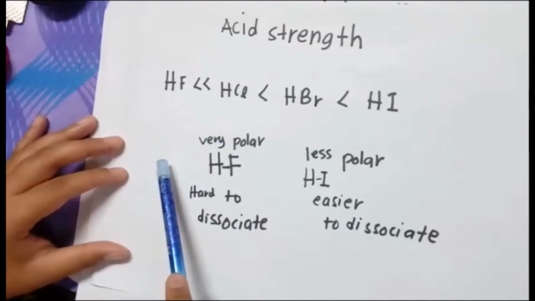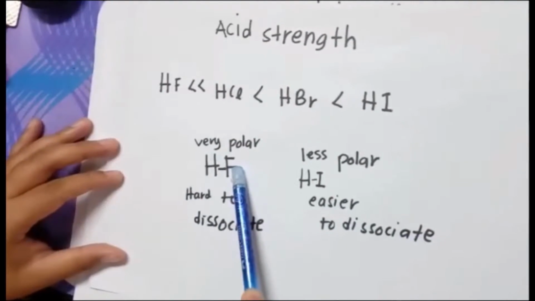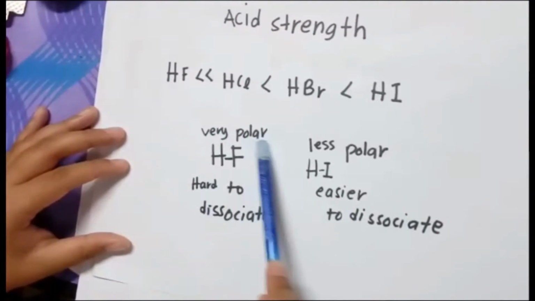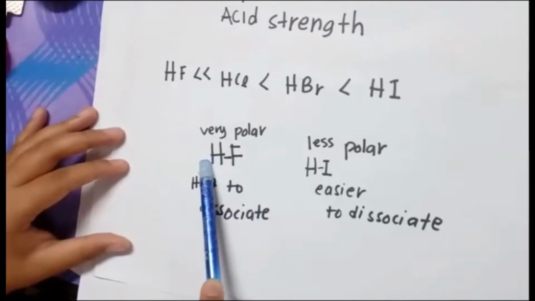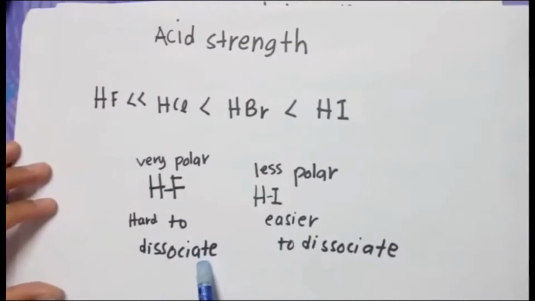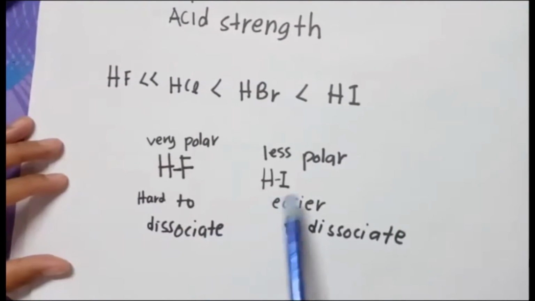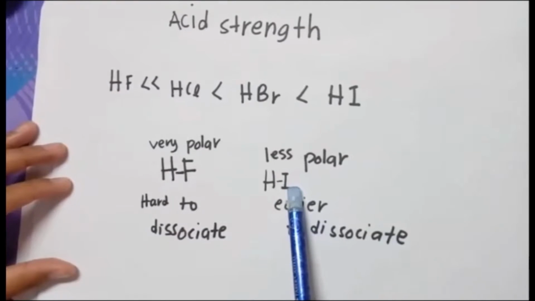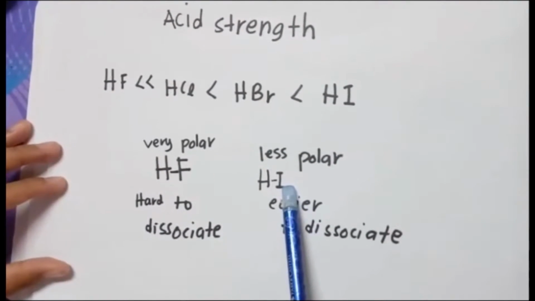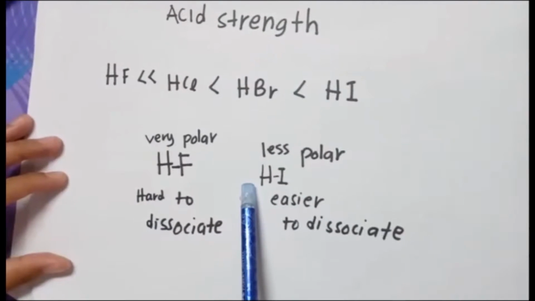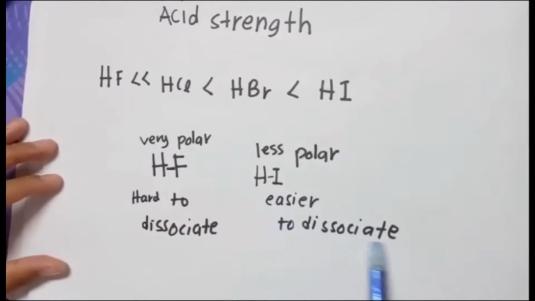This is because fluorine is the most electronegative element and forms a very polar bond with hydrogen, so it is very hard to dissociate. Compared to iodine, iodine is the least electronegative element in the halogen group, and it will form a less polar bond with hydrogen, so it is easier to dissociate.